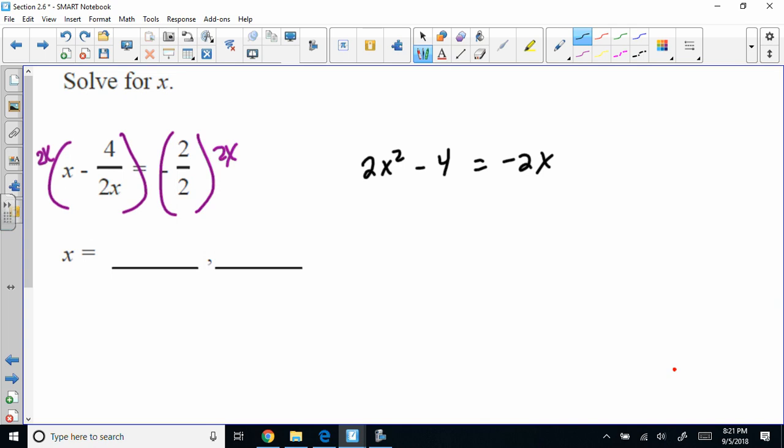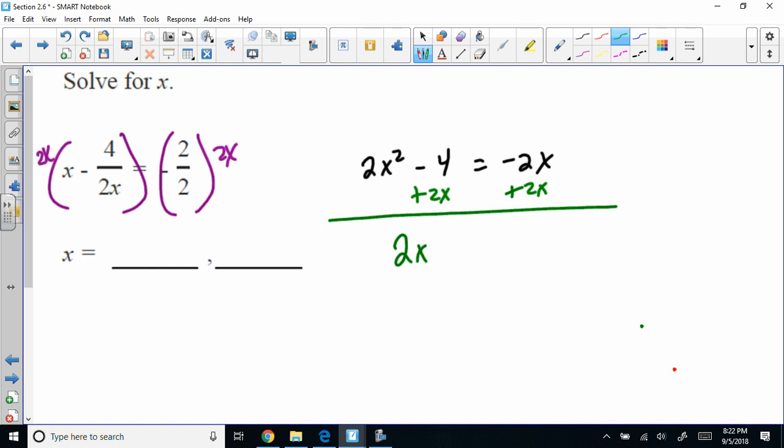Ladies and gentlemen, what is that? That there be a quadratic. So we're going to get everything on one side and say it equals 0. Any questions about that?